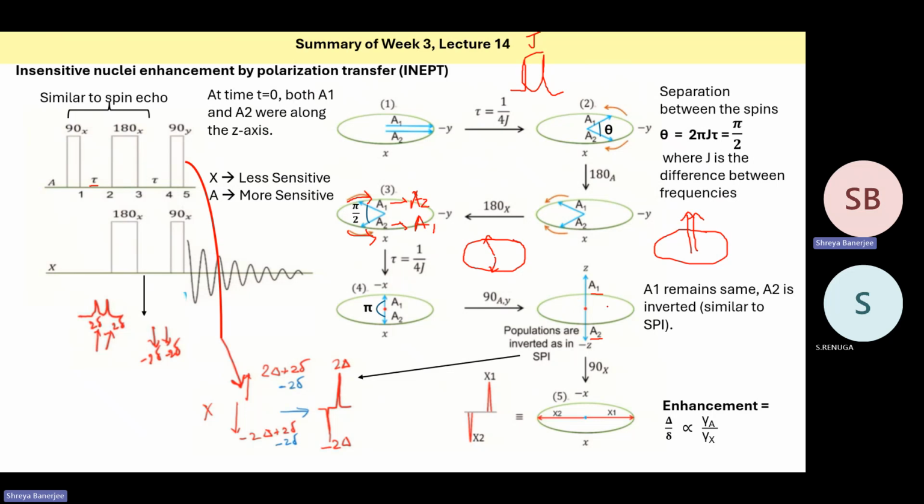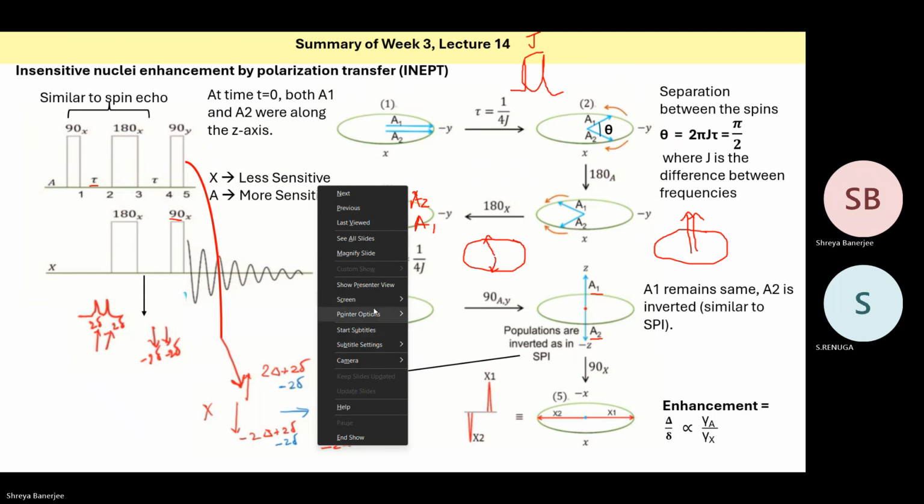Now, if you carry out a 90x pulse, up to here it is A. And A is giving a signal like this because it is the same as the population inversion case. But if we consider the X signal now, imagine the X signal.